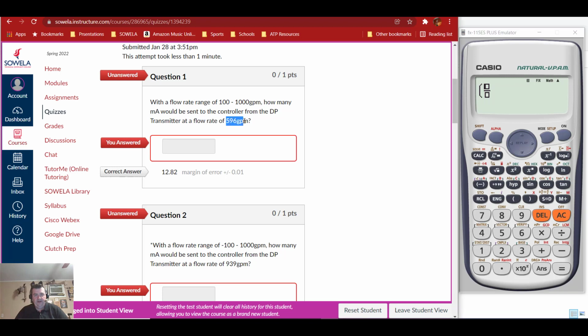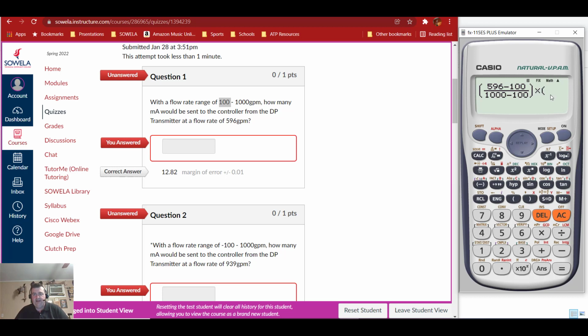We're going to put in this value right here, which would be our PV1, 596, minus our lower range value number 1, which is 100. Scroll down, and we're going to do upper range value of 1,000, minus the lower range value of 100. Scroll over, close parentheses, times, open parentheses.